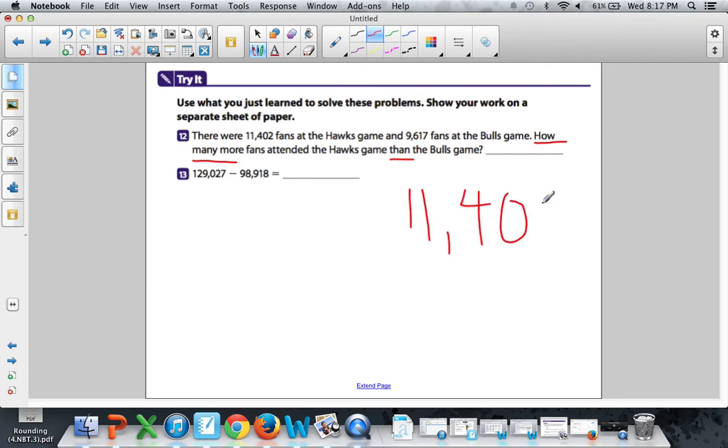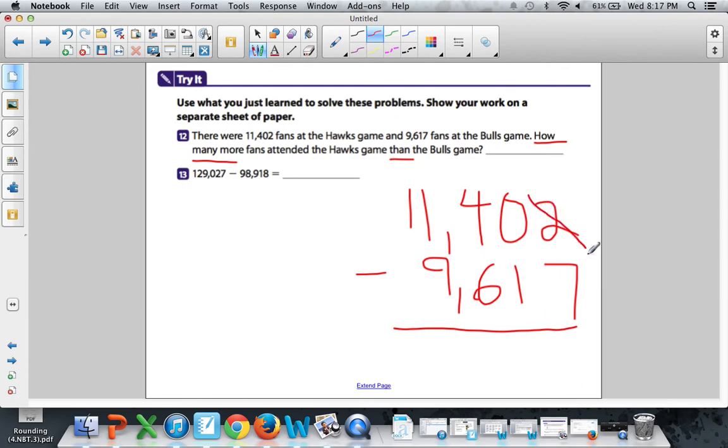11,402 minus 9,617. And please take note that I take special care to line up my place values correctly. This 2 is smaller than the 7, so we have to cross it out and we have to borrow.